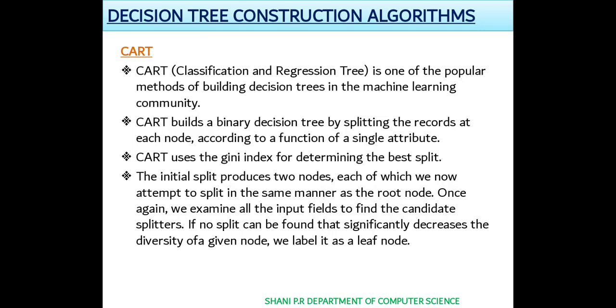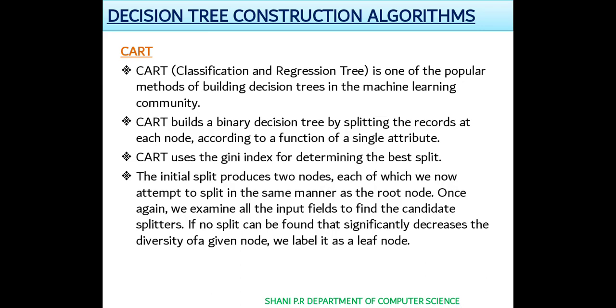The initial split produces two nodes, each of which we attempt to split in the same manner as the root node. Once again, we examine all the input fields to find the candidate splitter. If no split can be found that significantly decreases the diversity of a given node, we label it as a leaf node.